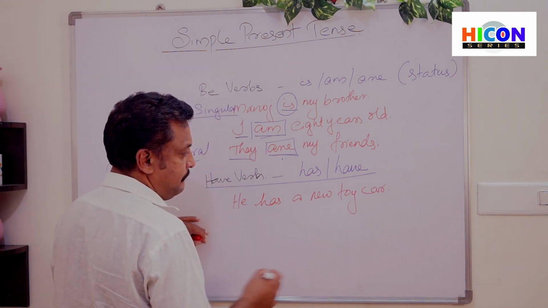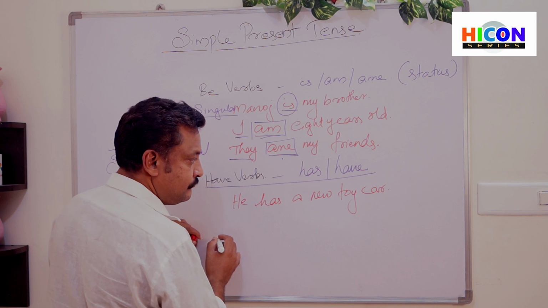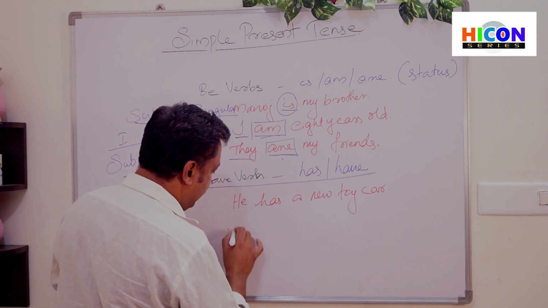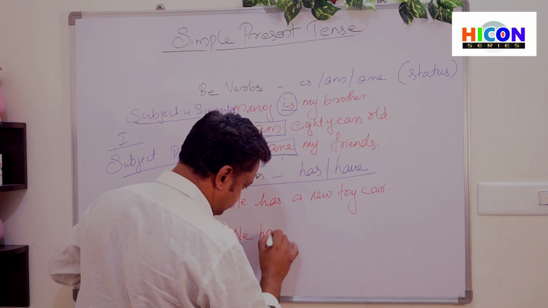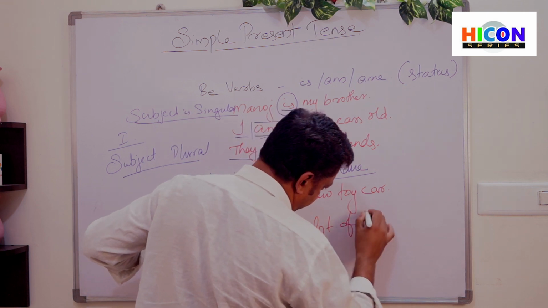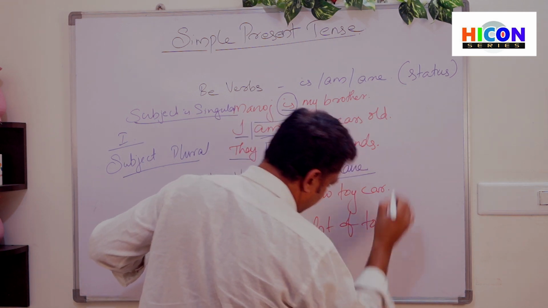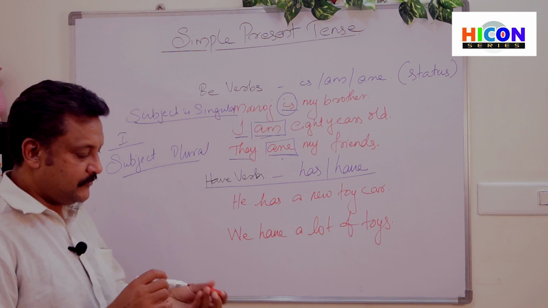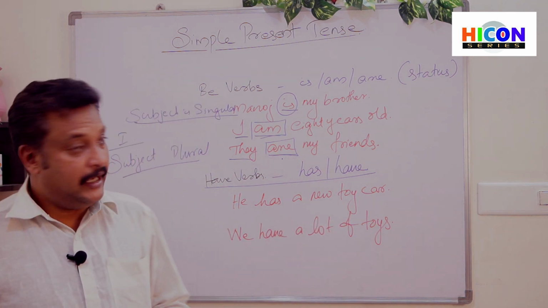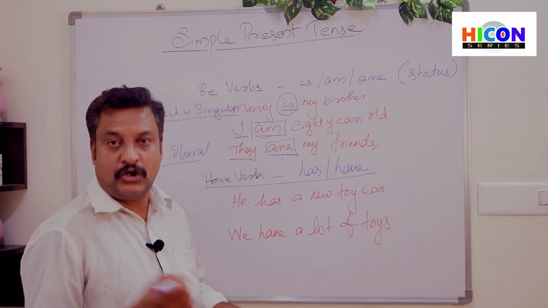Or we have a lot of toys. Okay, so he has a new toy car and we have a lot of toys.